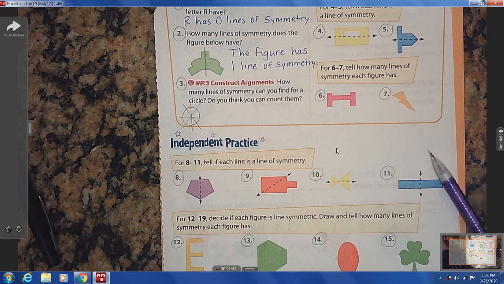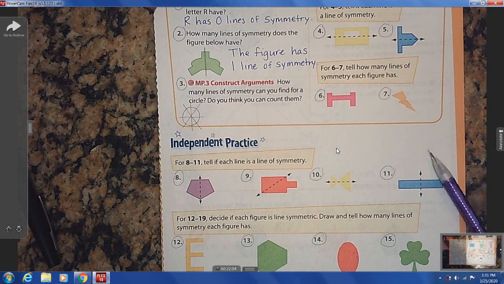So to answer that question, let's construct an argument and form an answer. So first, how many lines of symmetry can you find for a circle? I'm thinking of how I would word that, maybe an infinite amount.